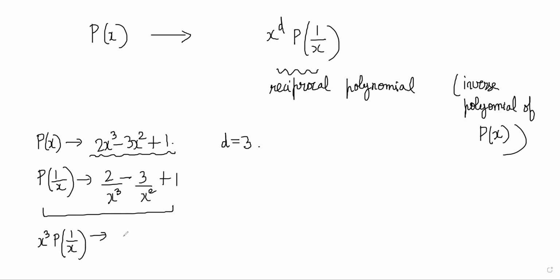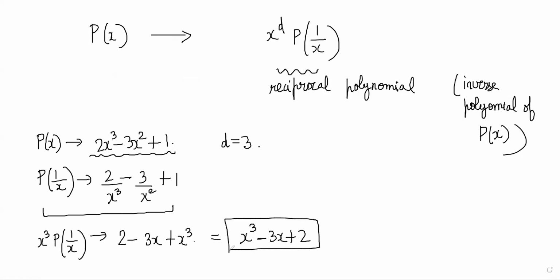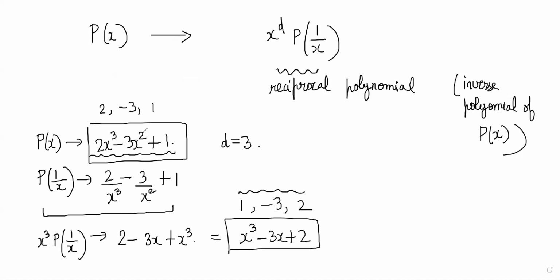When you multiply with x cubed, you will get 2 minus 3x plus x cubed, right? So basically the reciprocal polynomial is x cubed minus 3x plus 2. Notice the order of the coefficients here was 2, minus 3 and 1, and now it is 1, minus 3 and 2. So the order of the coefficients has gotten reversed, right? That is the key criterion for a polynomial to be the reciprocal of another polynomial.